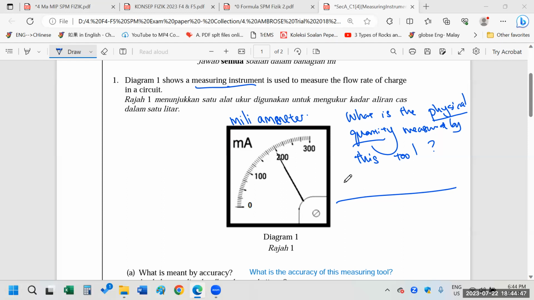Okay, so now I have a few answers: electric current, ammeter, meter. A, B, C, D. What do you think?